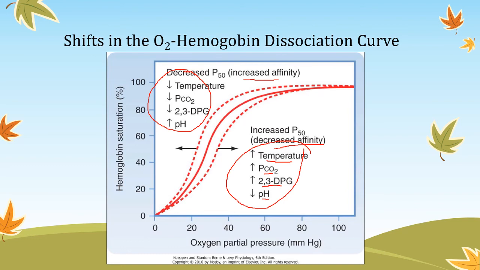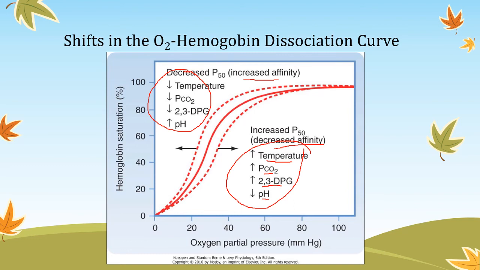And if hemoglobin has increased affinity, if it has a higher affinity towards oxygen, it means it likes oxygen, therefore it will not be releasing it easily. That's what increased affinity and decreased affinity mean. So when we're exercising and we need oxygen, we want to make sure that hemoglobin releases it easily, right?